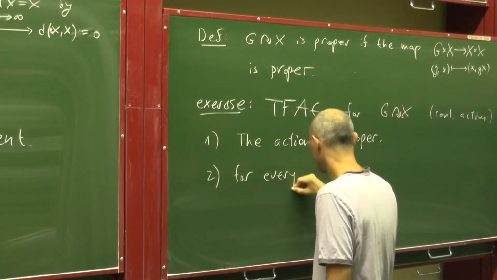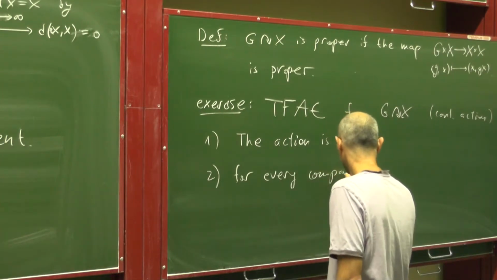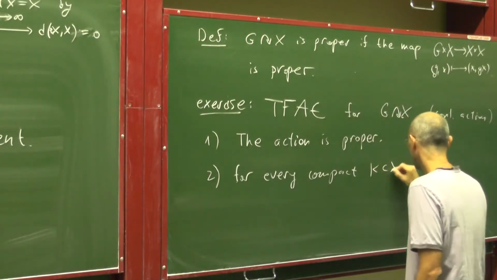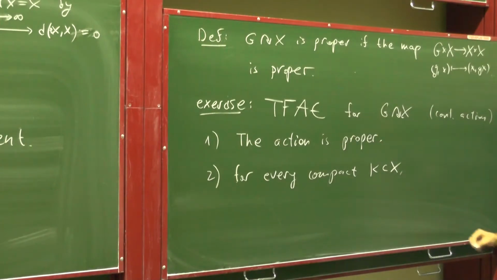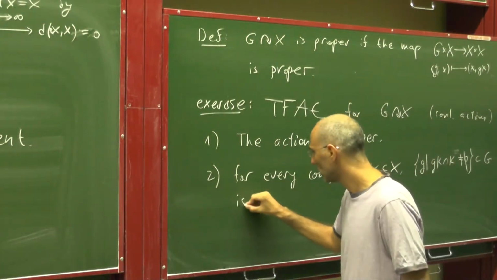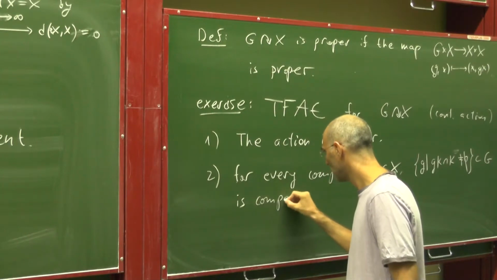For every compact K in X, the set of G in G such that G does not take K away from itself. What is K inverse? Is compact in G.